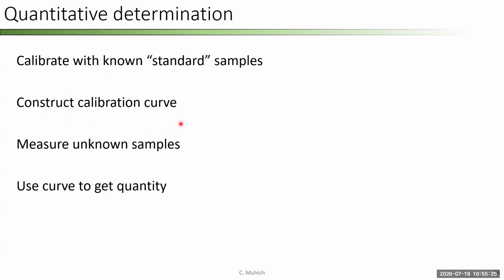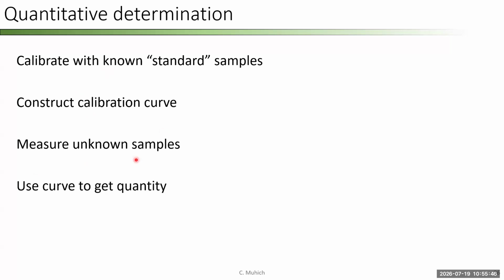I construct a calibration curve with the instrument under the exact same conditions that I'm going to run my sample through. I measure my unknown samples, and then I use my calibration curve to determine the quantities in that unknown sample.